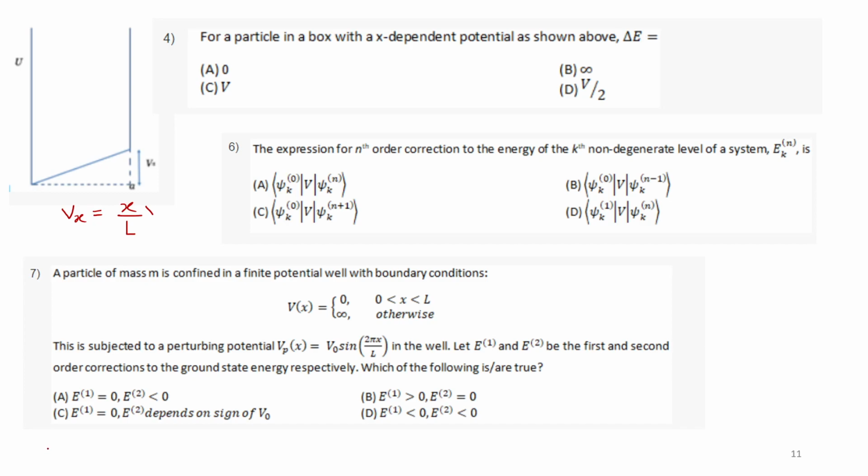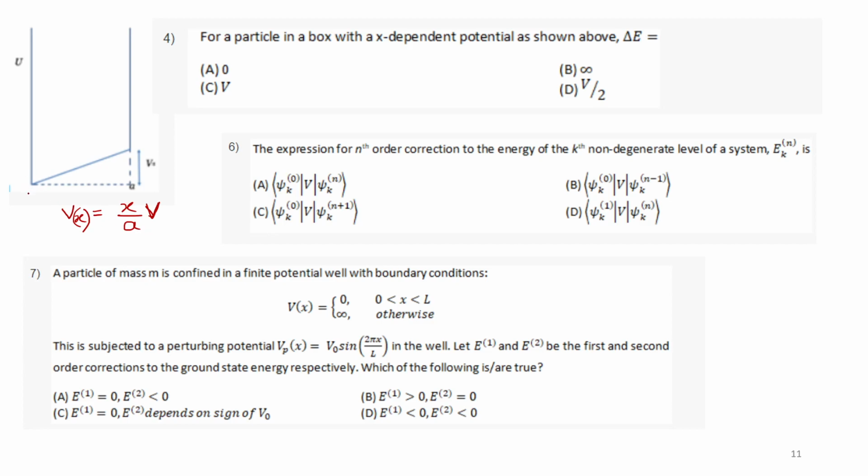I should not write a here, because from the image itself it is clear that your box length is a. Understand what I have written? V as a function of x, I could write this thing as x by a times V.